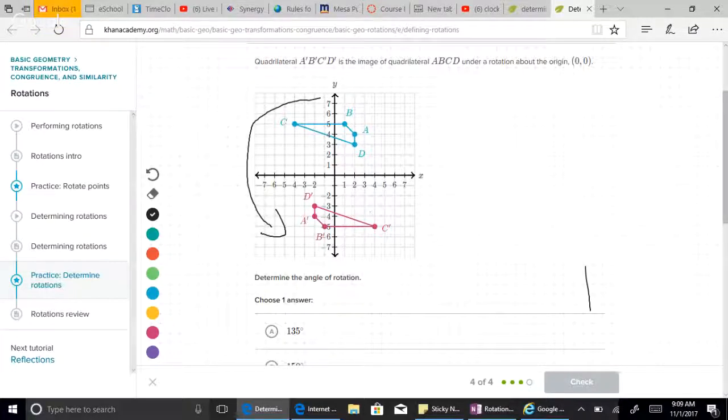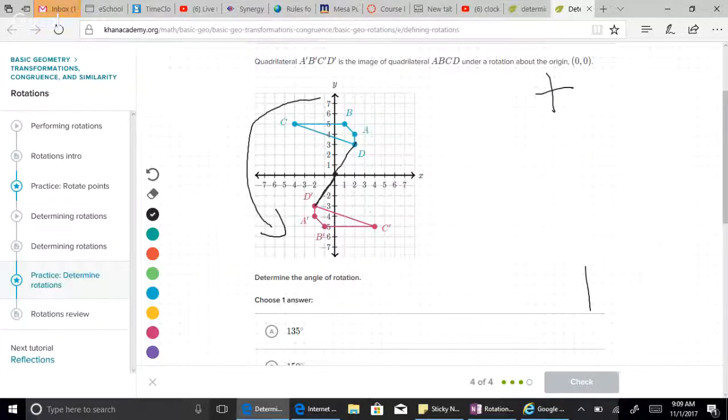I can see that it's moving in a counterclockwise direction, which means my answer is going to be positive. The origin is in the center. I'm going to draw my point in the center and draw it to the D and then to the D prime.